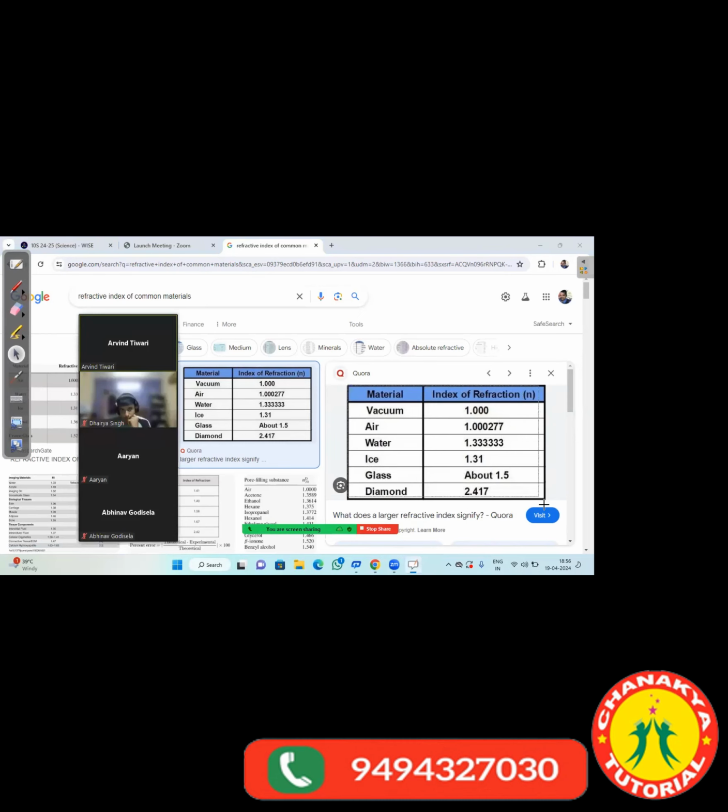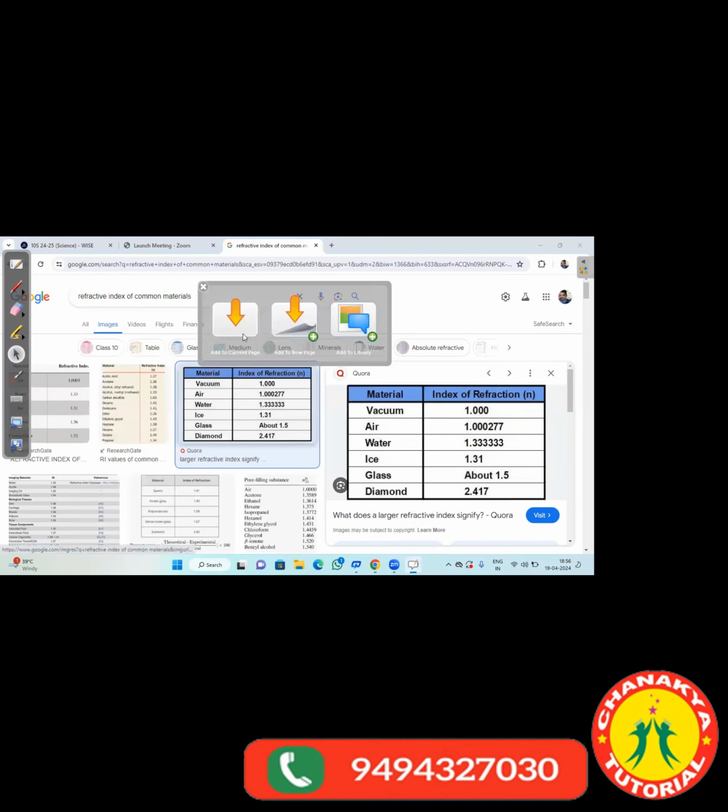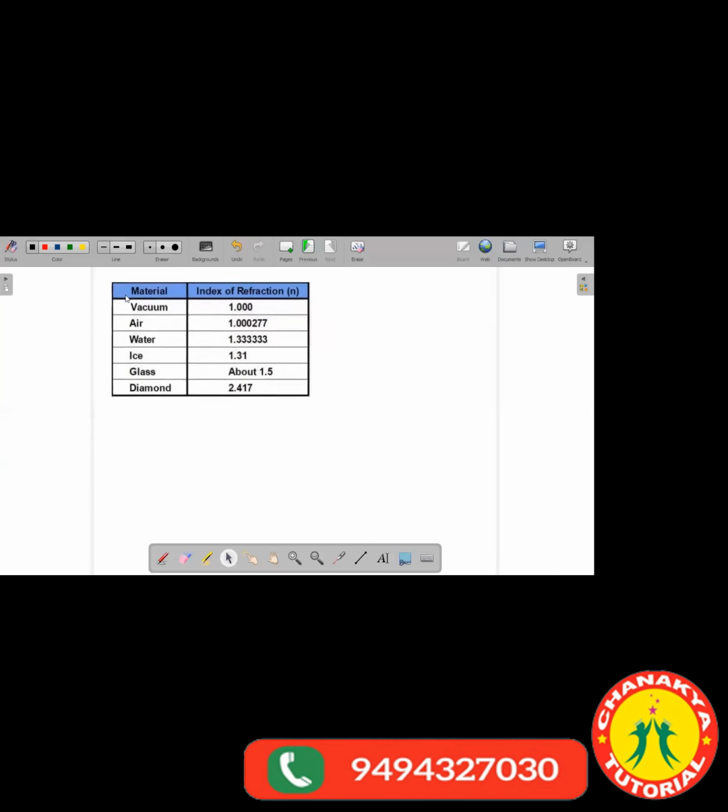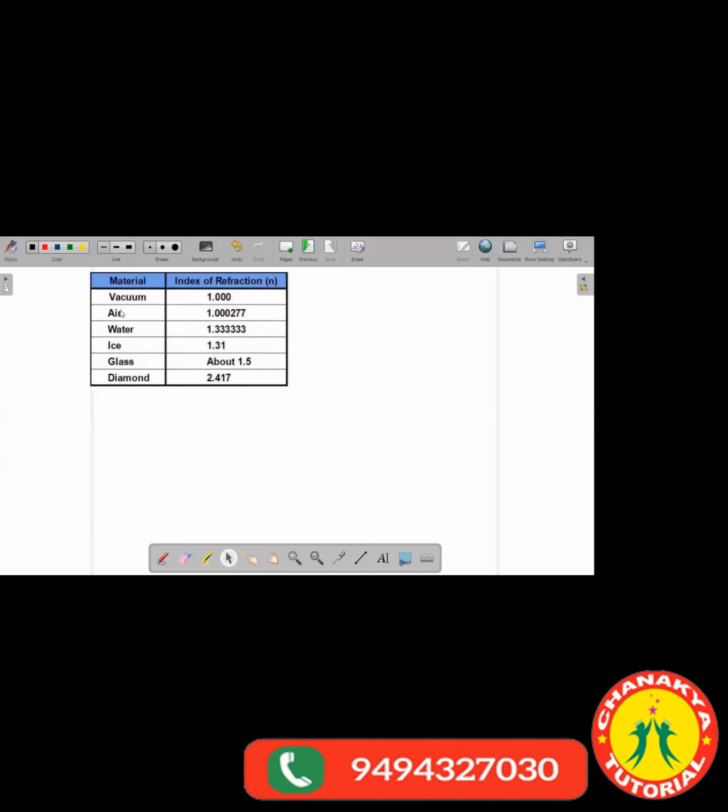Out of these, it will be denser, more. So suppose I want to compare water and glass. Water has a refractive index of 1.33. Glass has a refractive index of about 1.5.